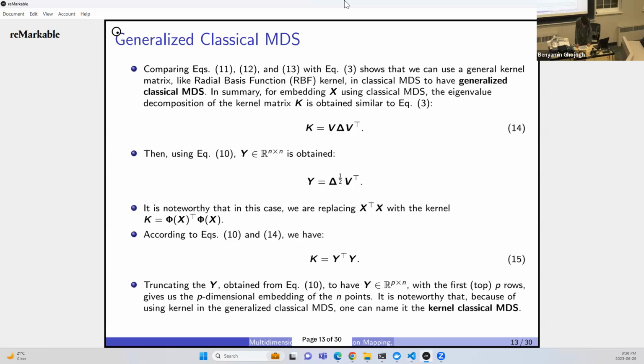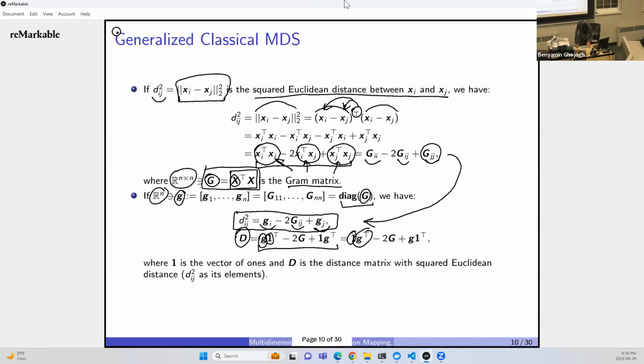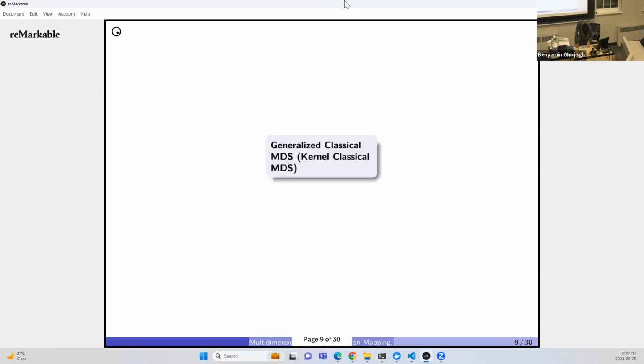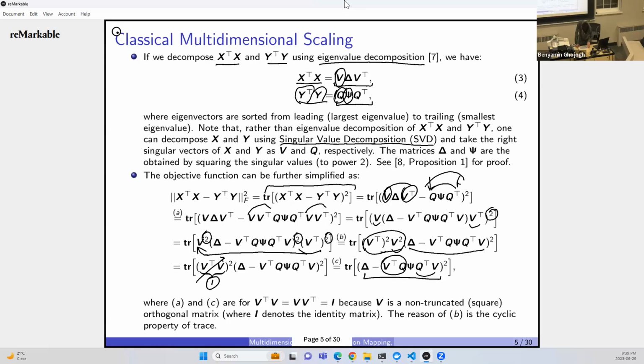What was equation 3? I should go back. This was equation 3: X transpose X was V delta V transpose.